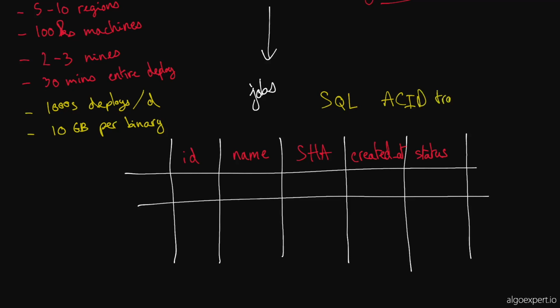ACID transactions are going to be key to having our hundreds of workers be able to go into this database and perform updates or reads all at once without worrying about concurrency issues, because the transactions would be executed as if they were sequential and there would be no problems there.